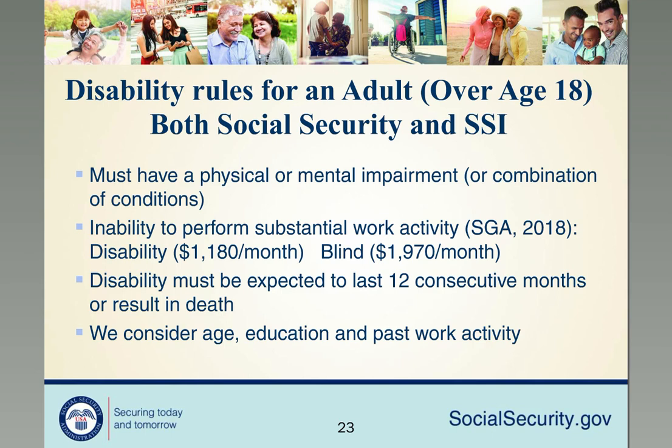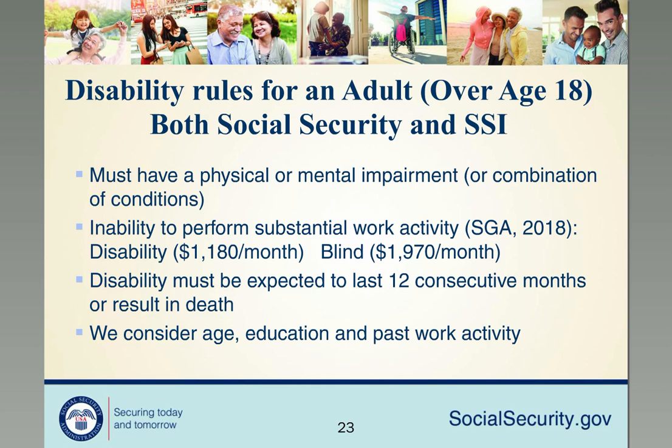With your disability, could you still return to work and do something and make $1,180? If the answer is yes, you could still do that, then you're not disabled for Social Security purposes. Now then, note for blindness, if your disability is blindness, the work level is actually higher. It's $1,970. But for regular disability, are you able to go out and make $1,180 a month doing something?